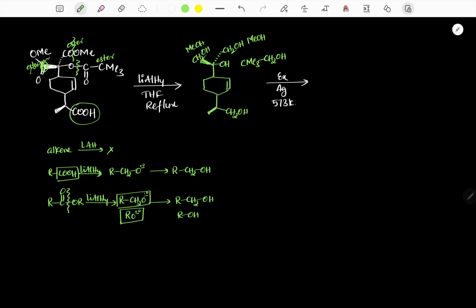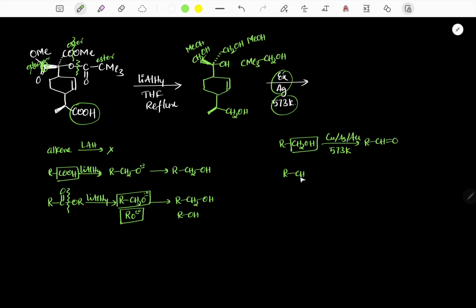Now we are adding excess silver at 573 Kelvin. So we know that primary alcohol, when treated with copper, silver, gold at 573 Kelvin, that means 300 degrees Celsius, undergoes oxidation.